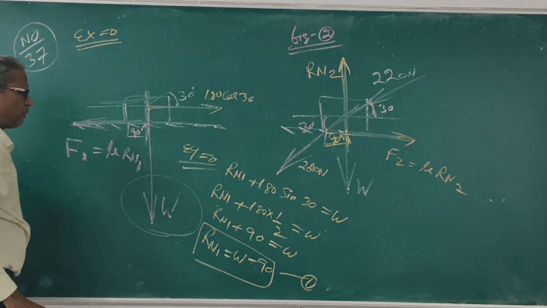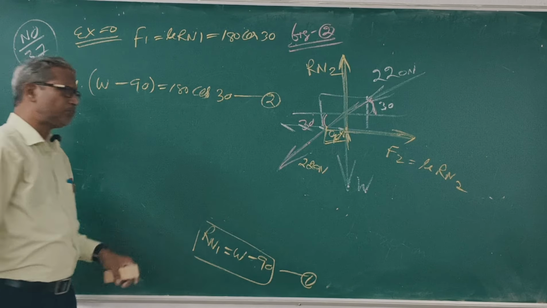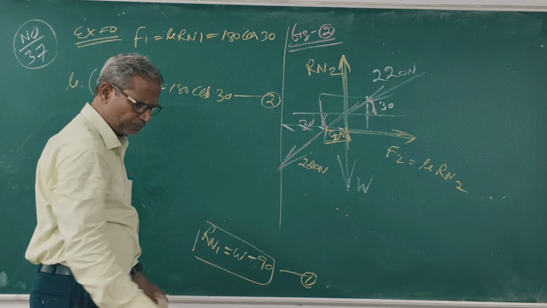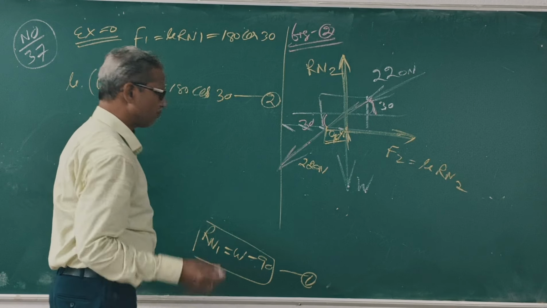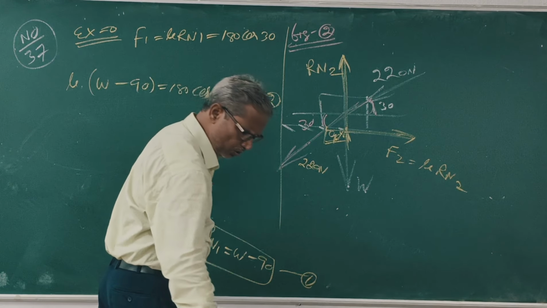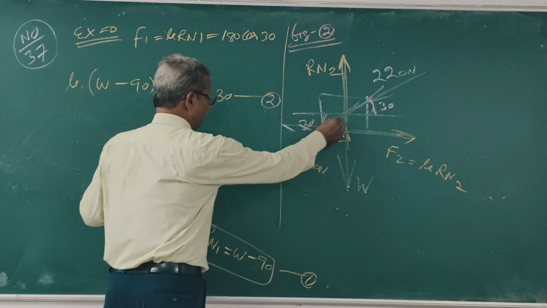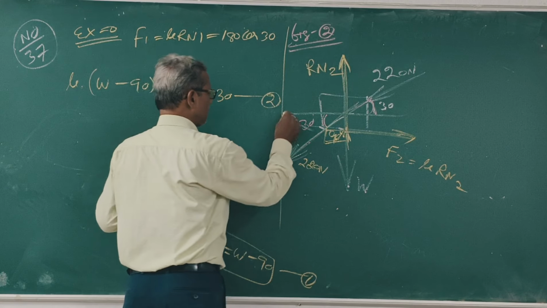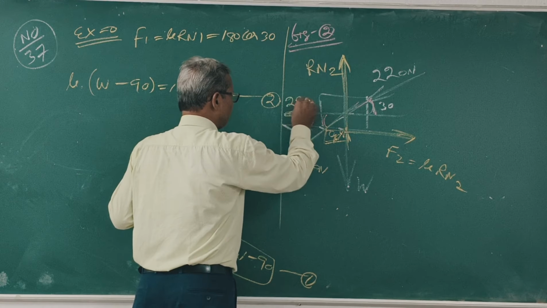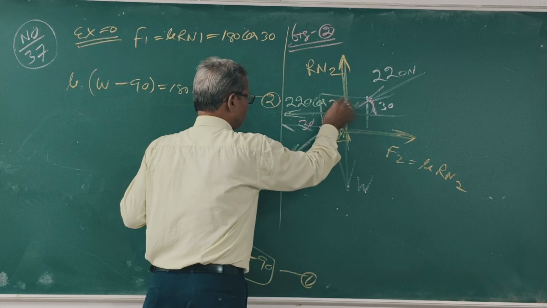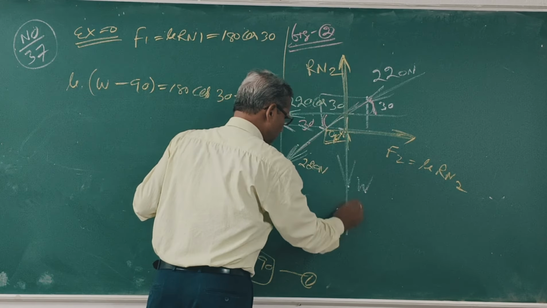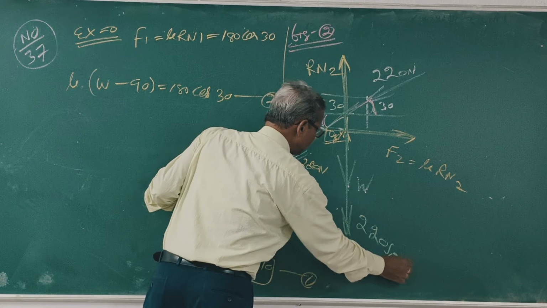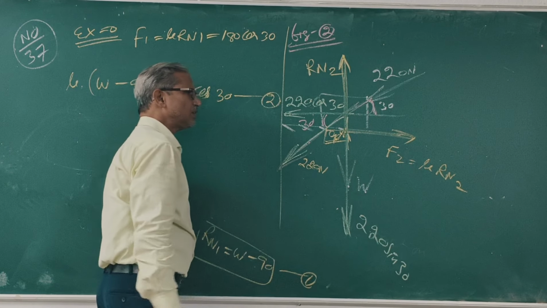Now come to figure 2. In this figure, what is this force? 220 Newton. This makes an angle of 30 degrees with the x-axis. So this component is 220 cos 30, and for this force, 220 sin 30. Clear?